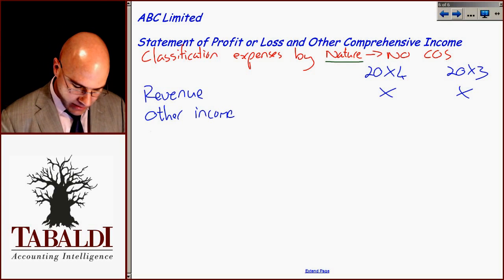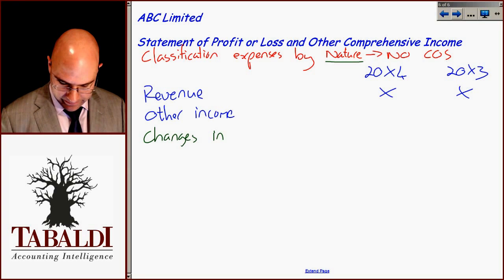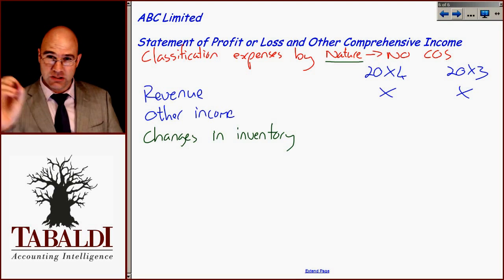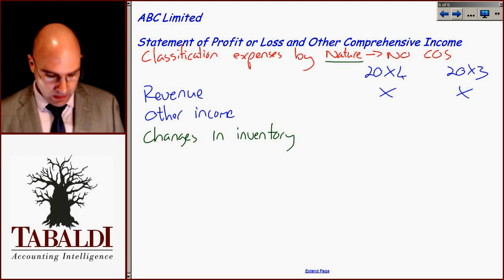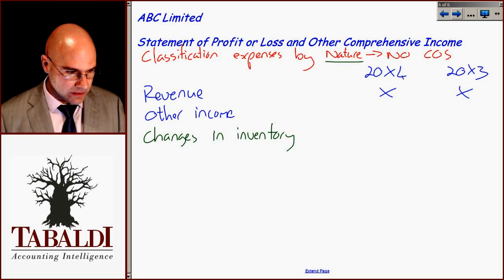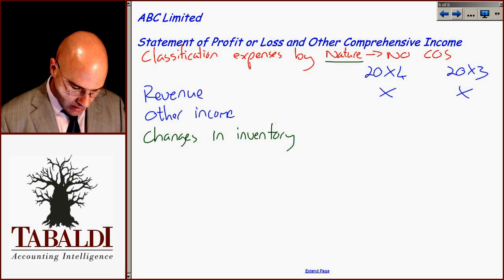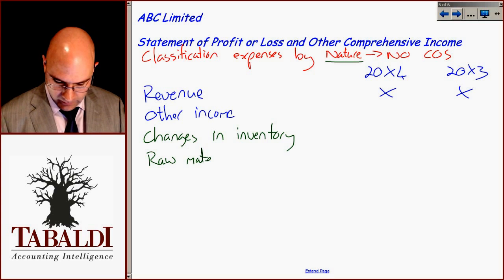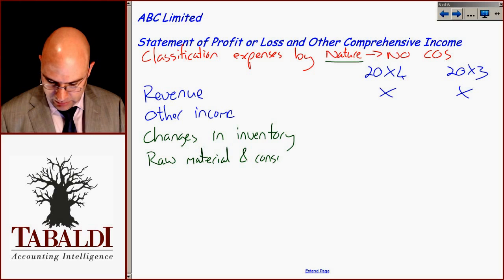Okay, so we might have changes in inventory. Very similar to what I did in my previous page when I did that little extra working about cost of sales. Okay, so changes in inventory. I might have raw material and consumables.